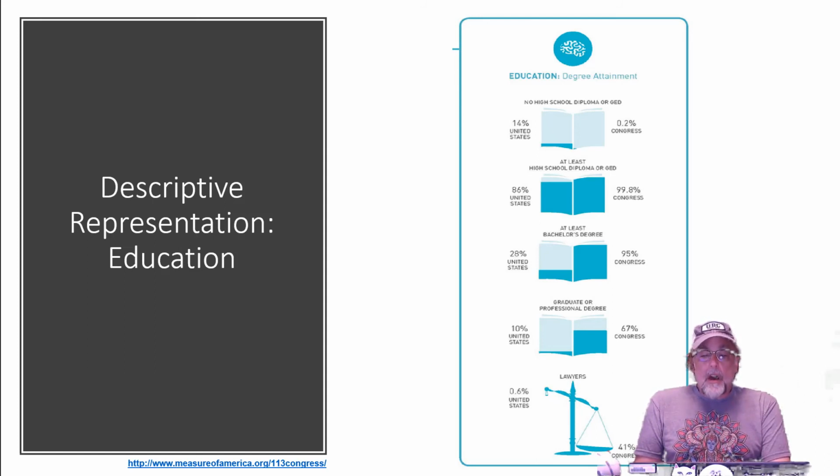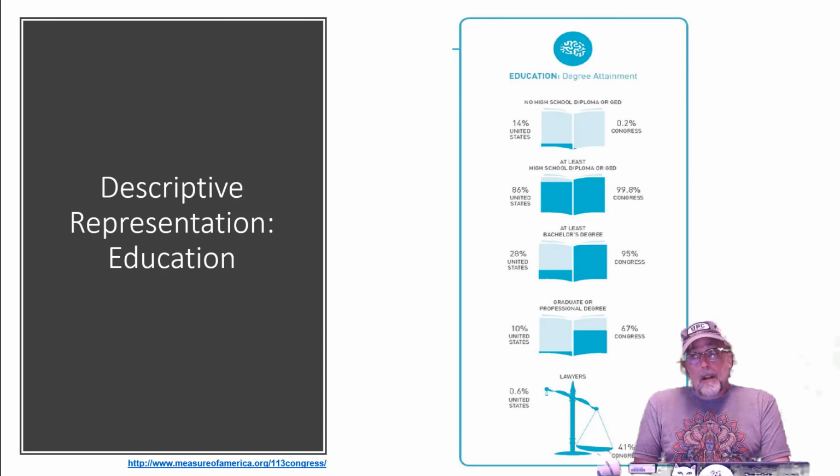And yet in Congress, we see 95% of them have bachelor's degrees. And this becomes even more pronounced when we look at graduate degrees. 10% of people in the United States have graduate degrees, and yet 2/3 of members of Congress have graduate degrees.